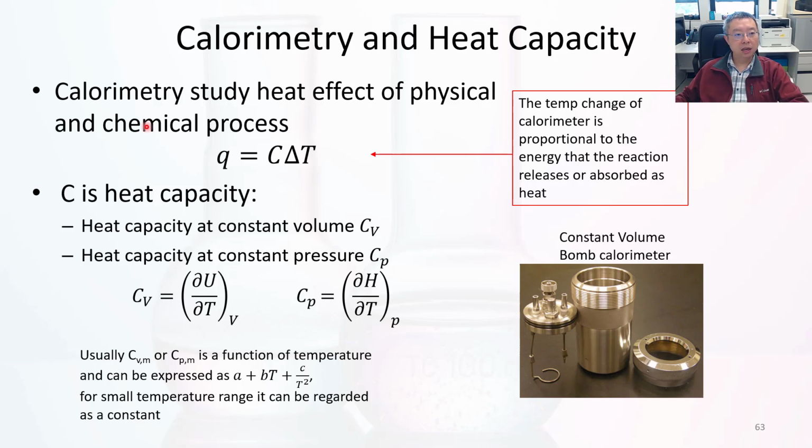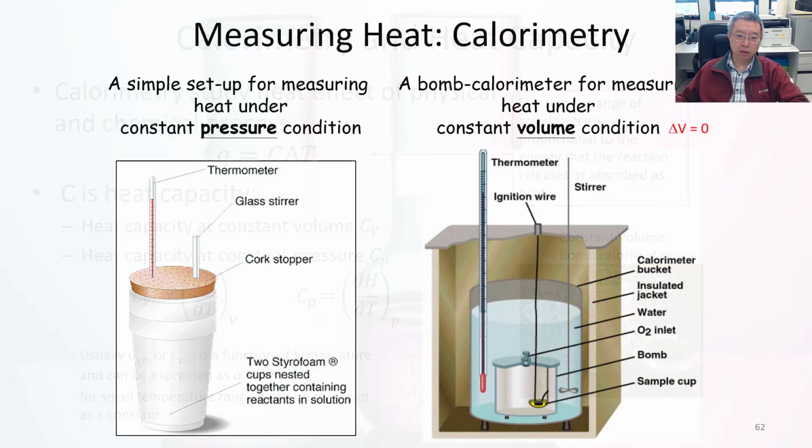So calorimetry is the study of the heat effect of a physical or chemical process. In this case, we know Q is equal to something, right? You want to measure Q, because in here there is a solid as well as water, and whatever this whole thing is, there's insulation outside.